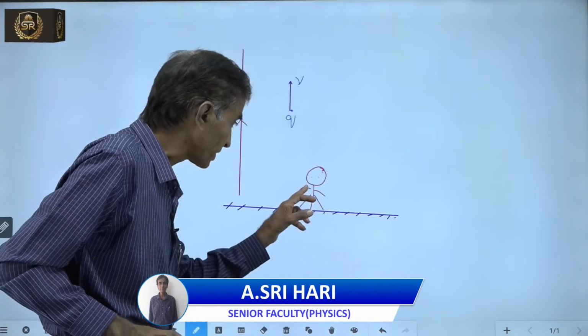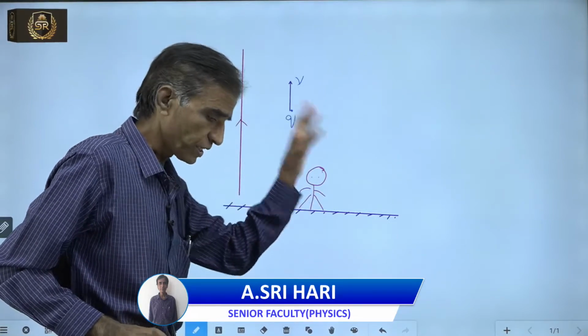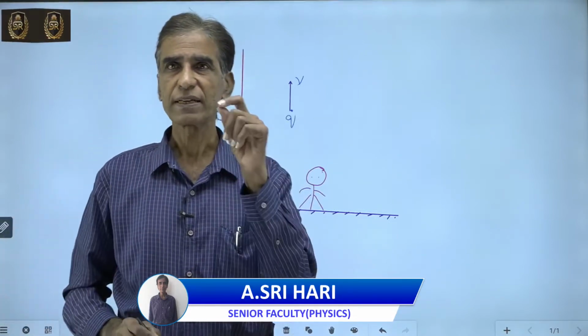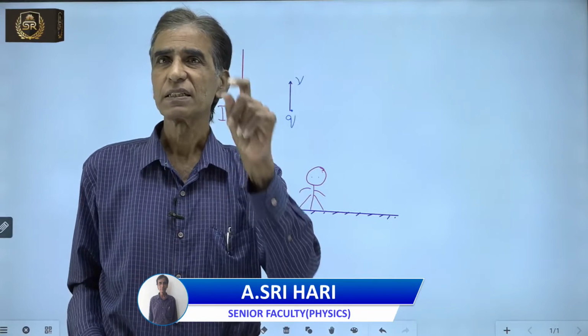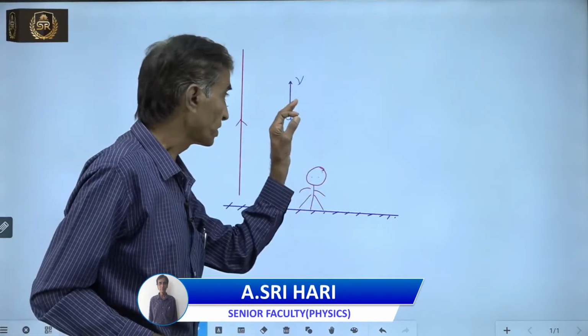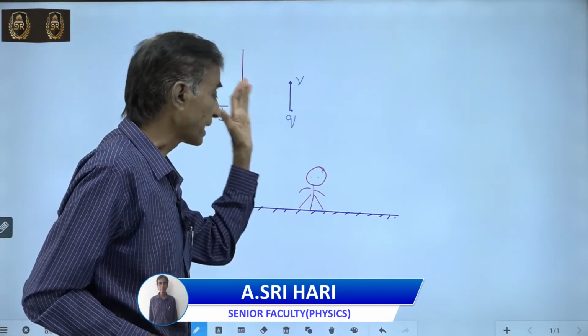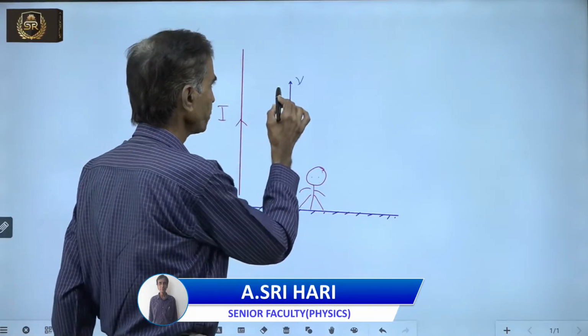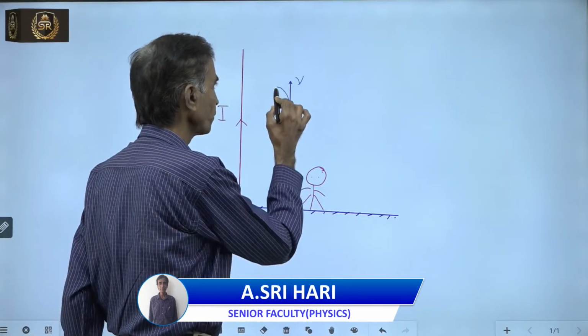So for this observer, the charge is in motion. Therefore, the charge will be subjected to a magnetic field and it is going to be deflected toward the wire.